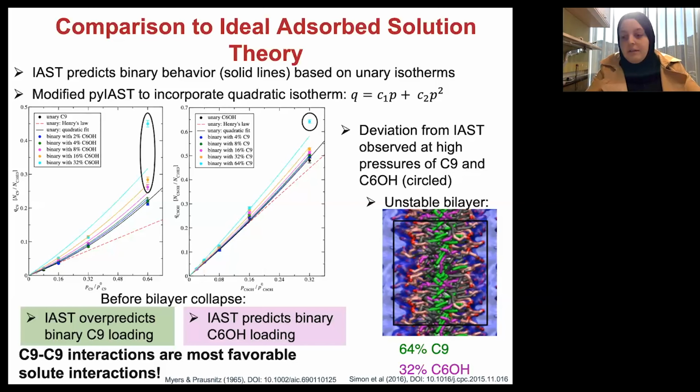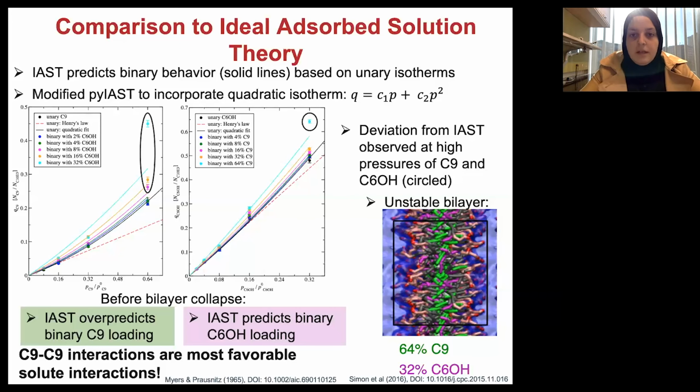Now, on the other hand, look at the hexanol part of it, it predicts it pretty well. So again, we can conclude from looking at these plots that nonane to nonane interactions are definitely more favorable than the nonane to hexanol interactions.